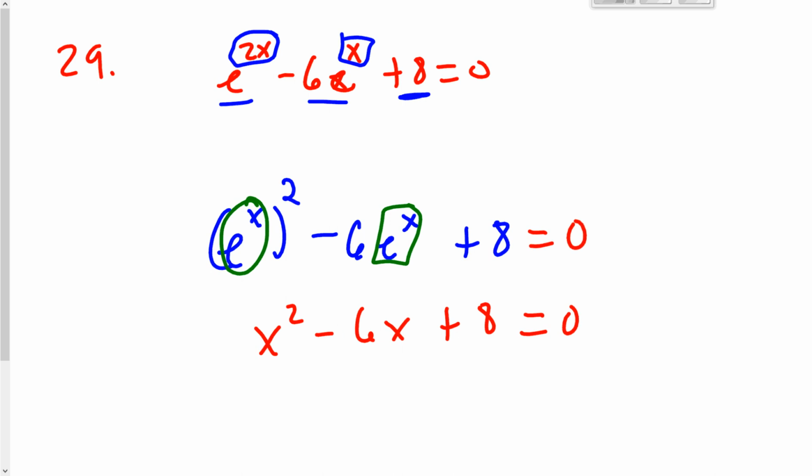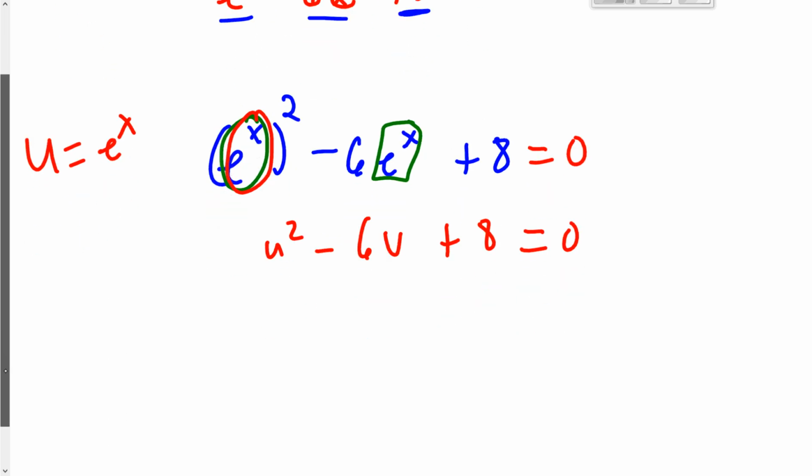So that's why they substitute u in for e^x. They're going to replace this e^x with u. So now it's u squared, minus 6u plus 8.